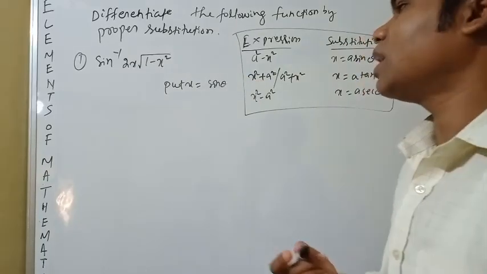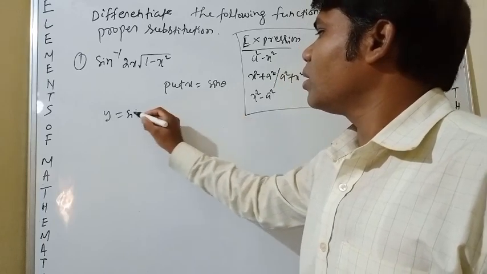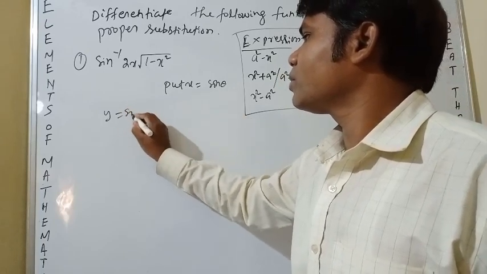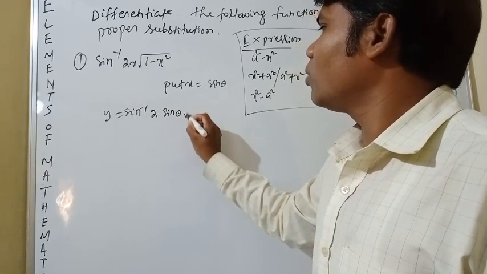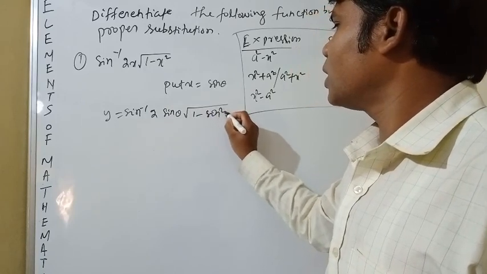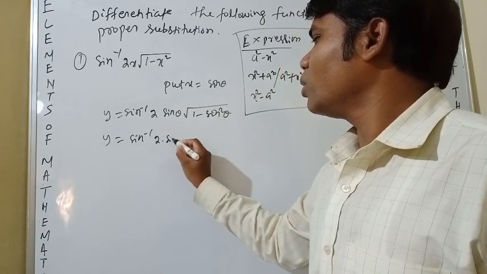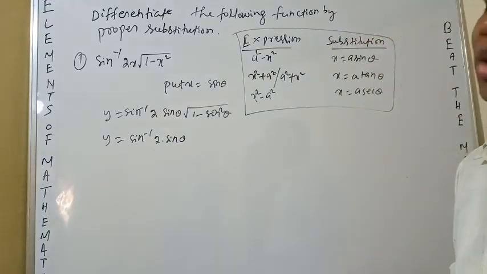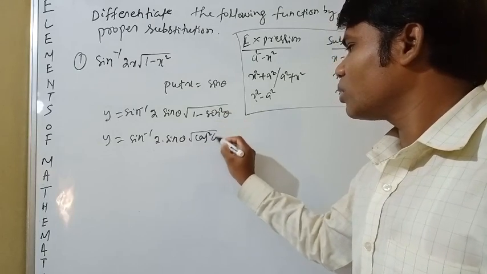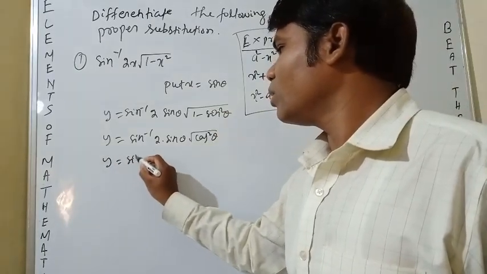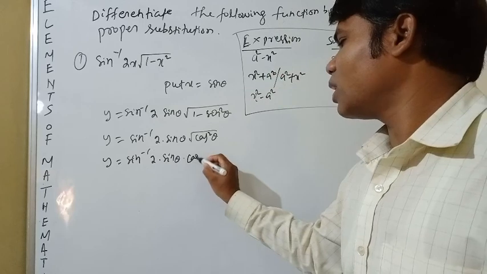We can take y is equal to sin inverse 2 sin theta root over 1 minus sin square theta, that is cos square theta. So y is equal to sin inverse 2 sin theta into root over cos square theta, that is cos theta.